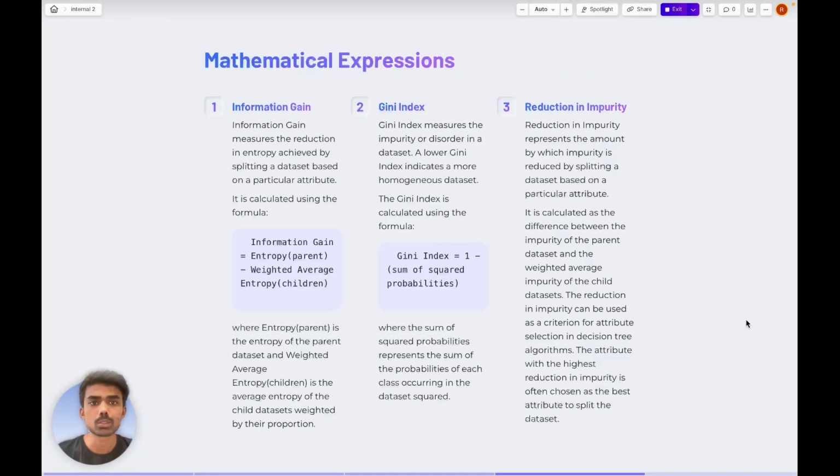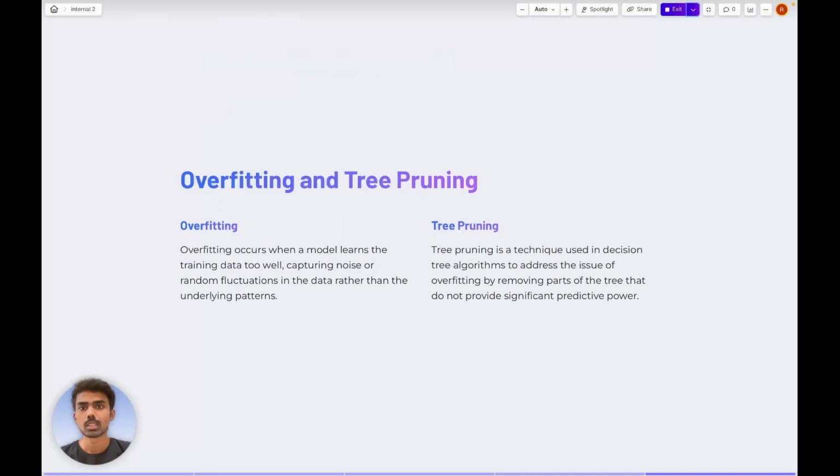The reduction in impurity represents the amount by which impurity is reduced by splitting a dataset based on a particular attribute. In the internal first solution, we have already seen the formulas of Gini and information gain. So our next questions are about what overfitting and tree pruning are.